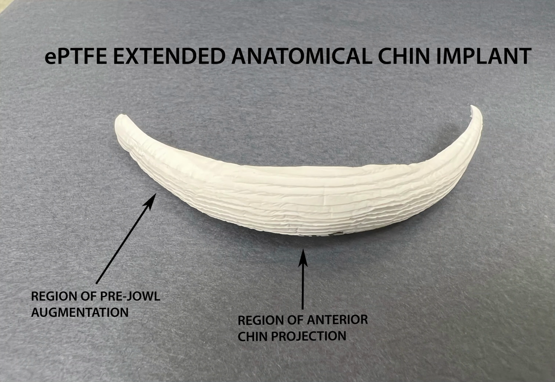In this situation, we use what's called an extended anatomic chin implant, and this is an example of one. Not only does it increase the anterior projection, but it also increases the projection on the side in the pre-jowl area, giving a more defined jawline and blending the anterior chin into the jowl area.